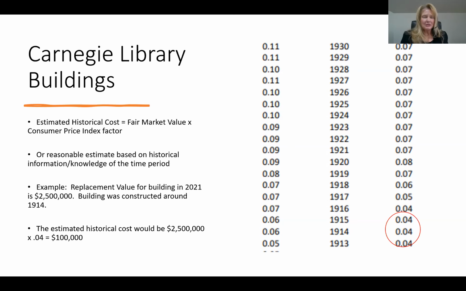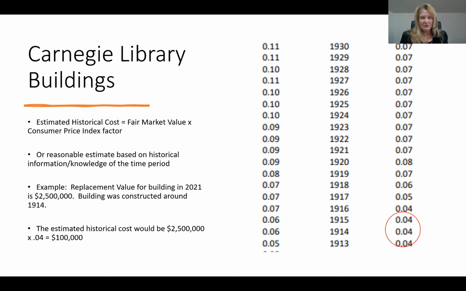Using that consumer price index table, if we have an example that your Carnegie Library to rebuild the same thing would cost $2.5 million now, and that building was constructed somewhere around 1914, then you can take that $2,500,000 times 0.04, which is the factor for 1914, and come up with $100,000 to show on your historical cost, estimated historical cost for that asset.